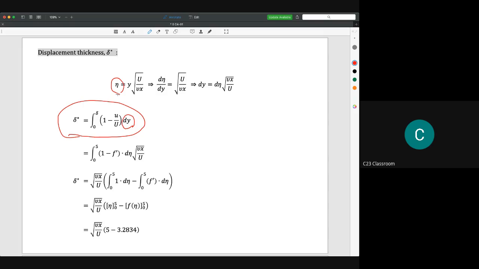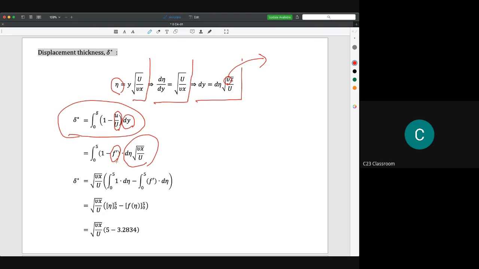So we know eta is y square root of u over nu x, and then we could have d eta over dy as this one, and then we could rearrange to have dy equal to d eta square root of nu x over u. Okay, this is not velocity, this is the kinematic viscosity. And then we substitute the value of dy here with this one. And then we substitute the u over U here with f prime, because this is the first assumption we made.